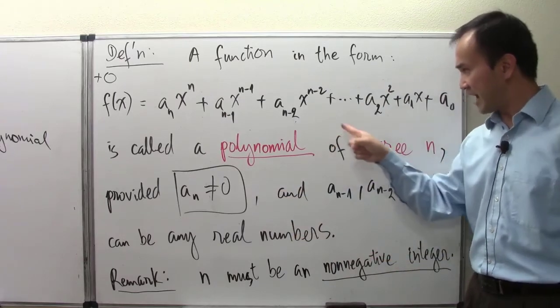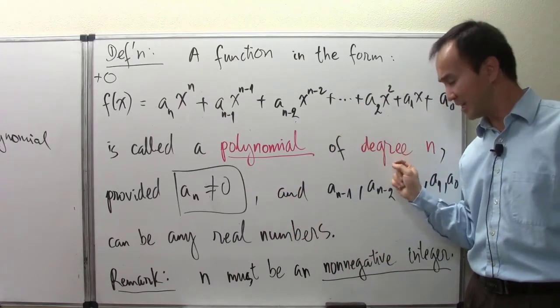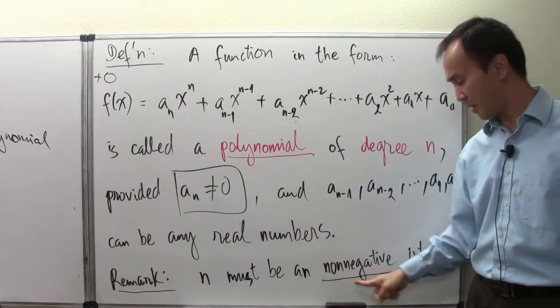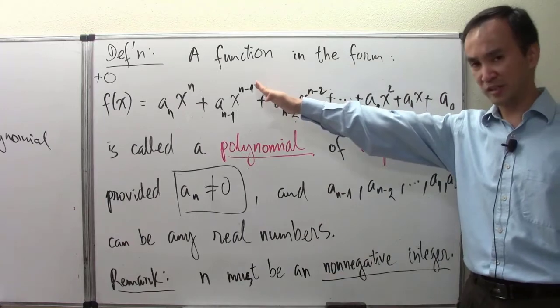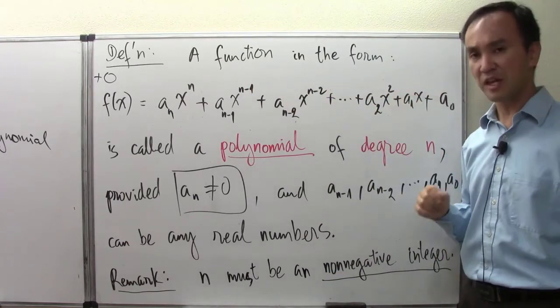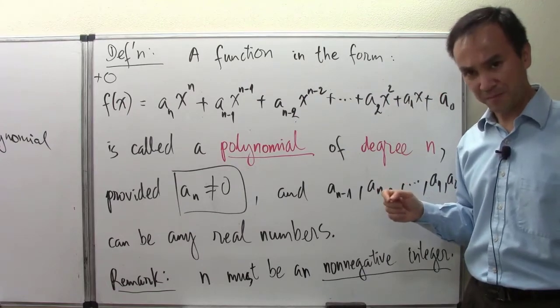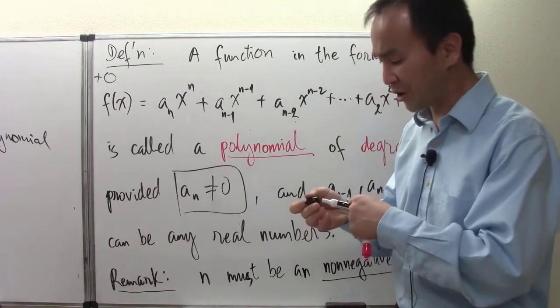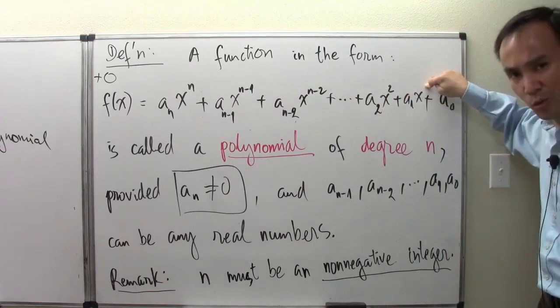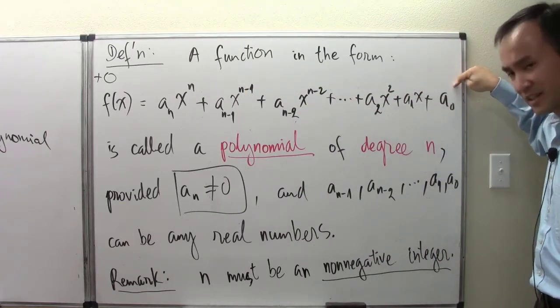Okay, so we strictly need that leading power that decides the degree of the polynomial to be a non-negative integer, and then of course consequently any of the following powers must be non-negative integers as well. And then of course we're gonna stop whenever it hits down to power 1, and end with a constant term.